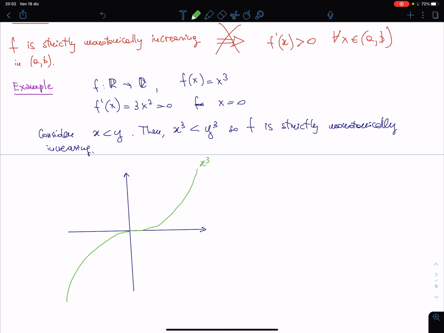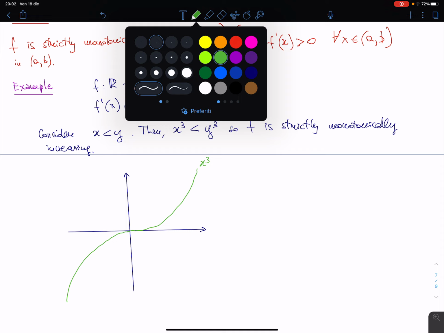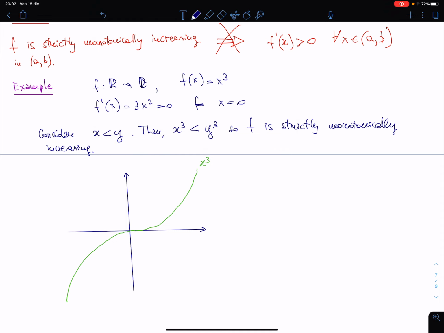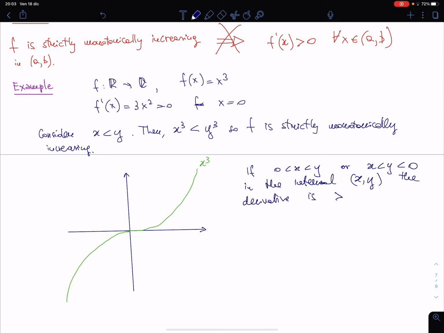And so there are three possibilities. So if x and y are both positive, or x and y are both negative and x less than y, then in the interval xy, the derivative of f is strictly positive.